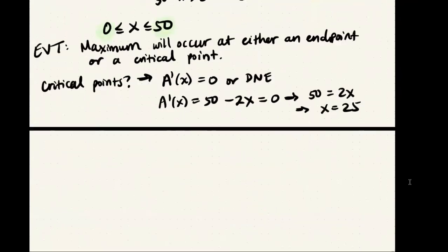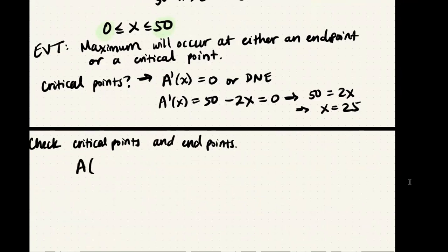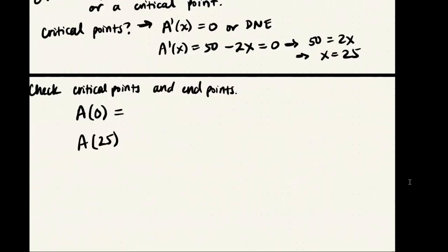All right, so now I have these contenders for points that might give me the maximum area. So we need to check critical points and endpoints. When I say check, I mean that I'm going to evaluate A, the area, when x is 0, when x is 25, and when x is 50.